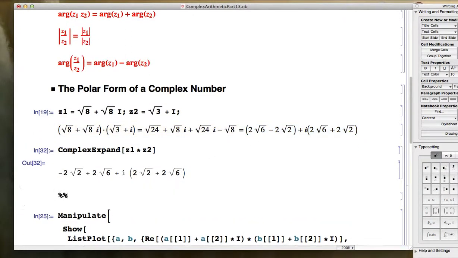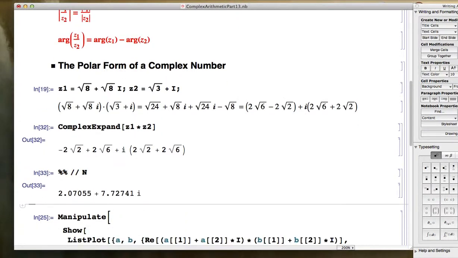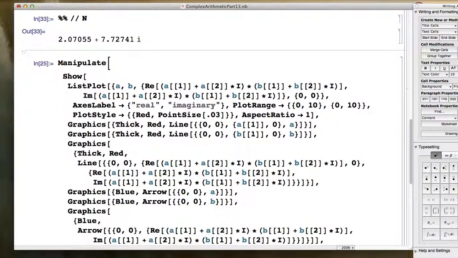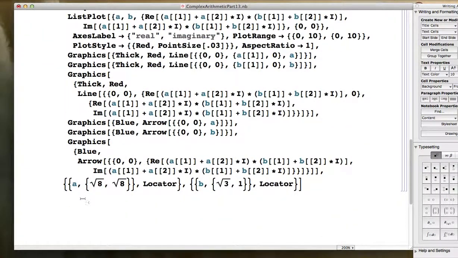You might wonder, what is that approximately? It's approximately 2.07 plus 7.72i, 7.73i, when you round. Let me visualize that with the same kind of visualization we've done before.